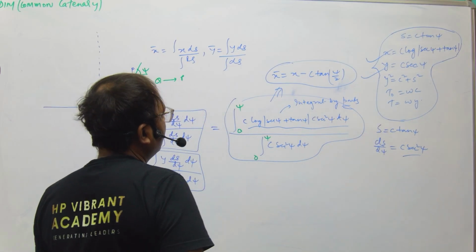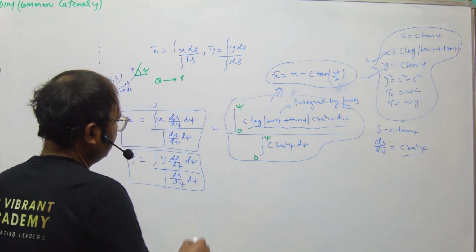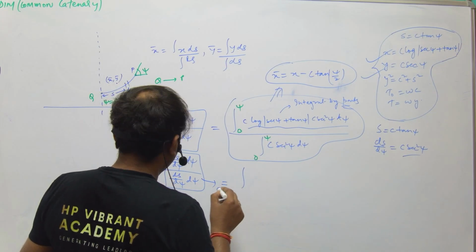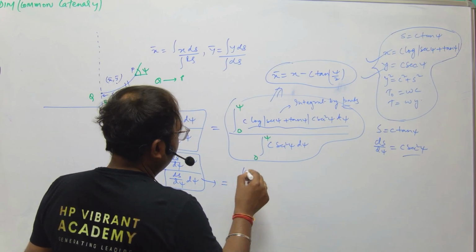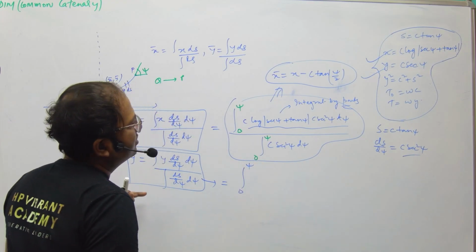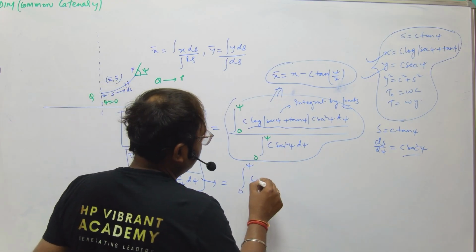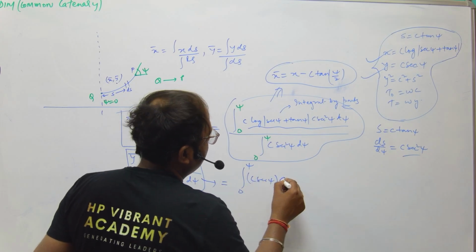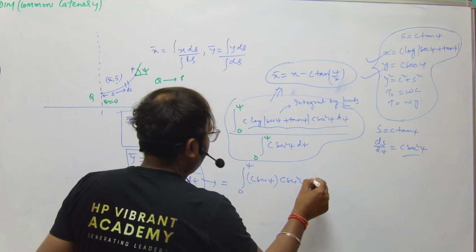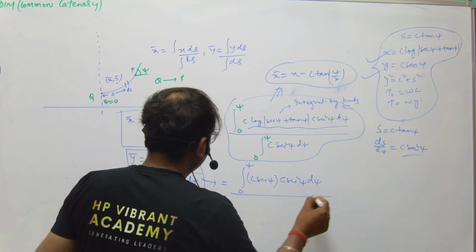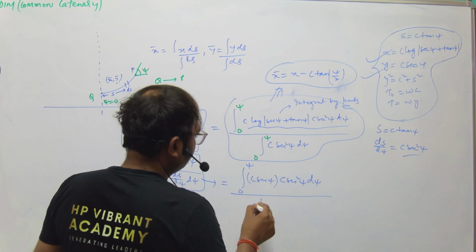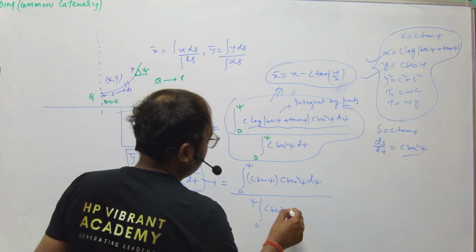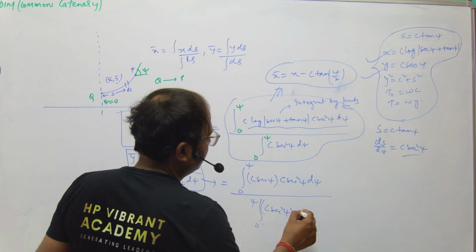Now let us find the value of y bar. Similarly, the limit is from 0 to psi. The value of y is equal to C sec psi, and ds upon d psi is C sec squared psi, so the integration is from 0 to psi of C sec psi into C sec squared psi d psi.